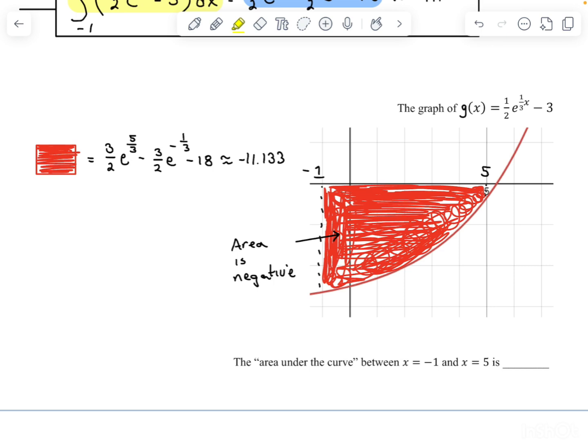Since there is only one area to consider, the area shaded in red is approximately -11.133. So the area under the curve between x is equal to -1 and x is equal to 5 is approximately -11.133. And we are done.